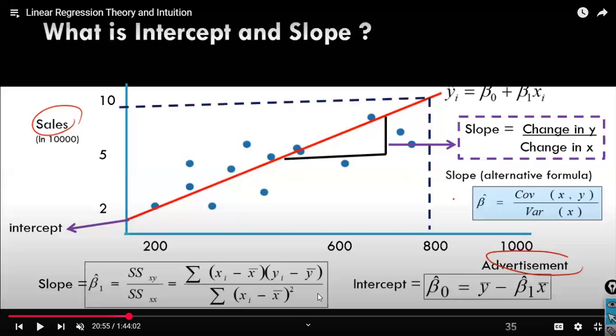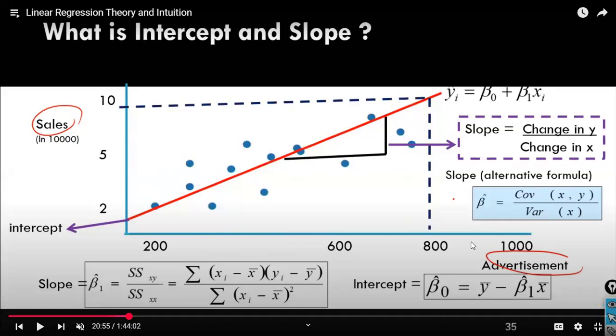But you spent $600 or something like that in the advertisement, and the sales are going up. When you invest $800 in the advertisement, so as you increase your advertisement investment, the sales also go high. Okay, that's what we can see.